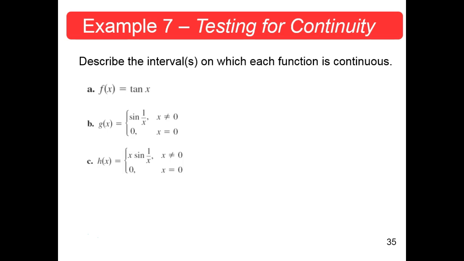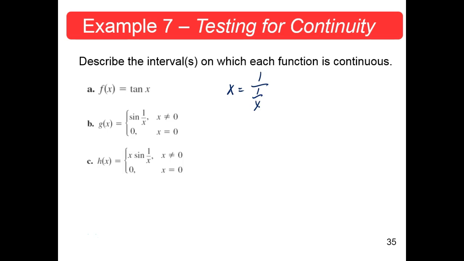Uh-oh. This is a weird one, okay? Certainly that's not defined, just like we were saying before. But the expression x times the sine of 1 over x, and here's what I'm going to do. x is 1 over 1 over x.